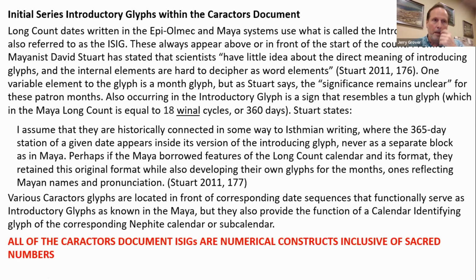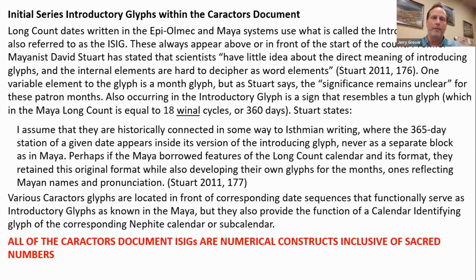So now we'll talk about the initial series introductory glyphs. These are the ones in front of the date, which tell you which calendar you're in, in the Characters document, in the Nephi calendar. Like I mentioned, they have these in the Epi-Olmec and Maya systems, but they don't have multiple ones. They just have kind of one form or format.